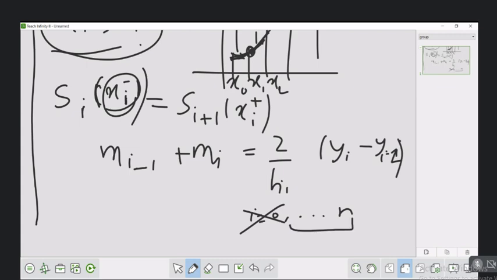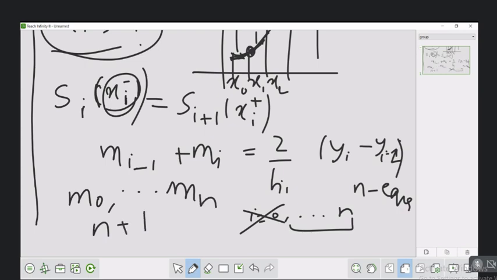So it gives only n equations, and since the variables mi start from m naught and go up to mn, you have n plus 1 variables and n equations. That means you need one more equation.